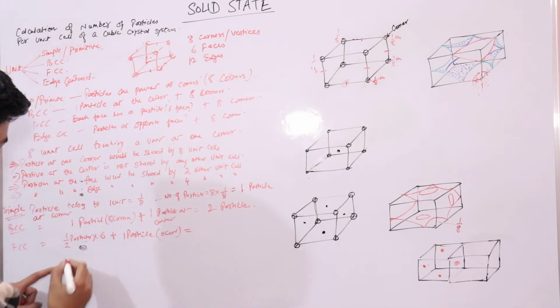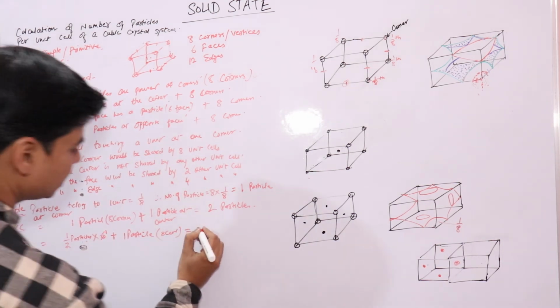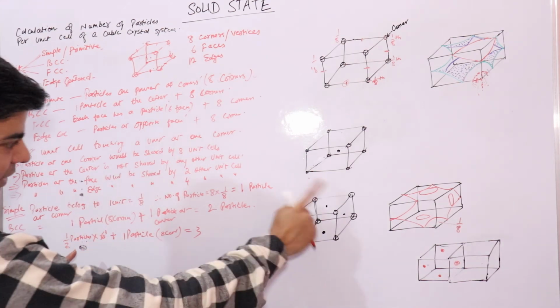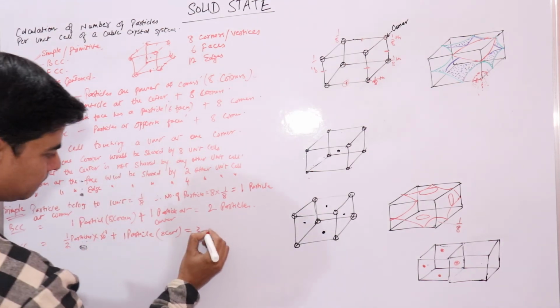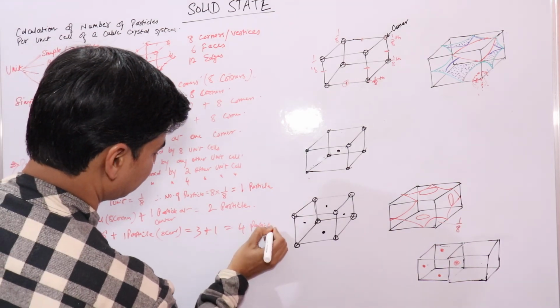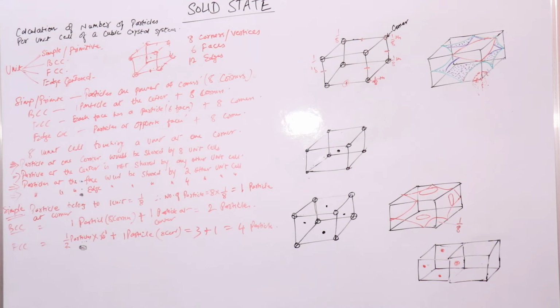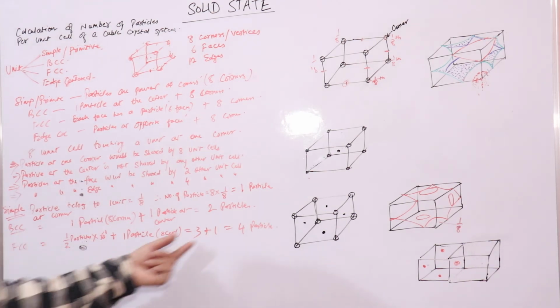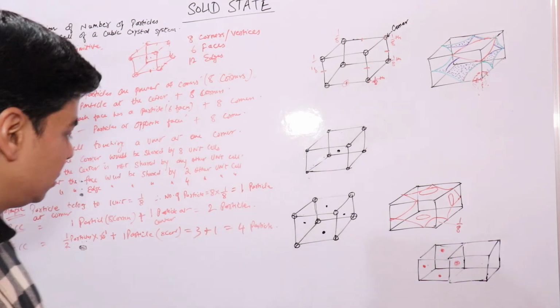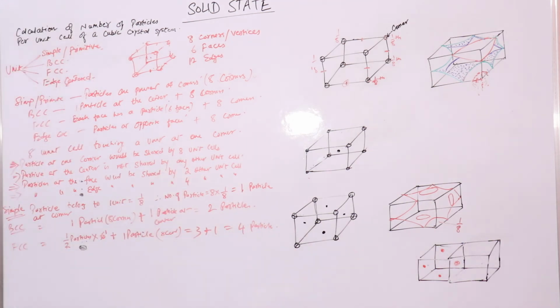So the calculation would be 6 times half, which is 3 particles due to these 6 faces, plus 1. These are 4 particles for FCC. So for FCC you have 4 particles, for BCC you have 2 particles, and for simple primitive you have 1 particle. These are the simple explanations for this.